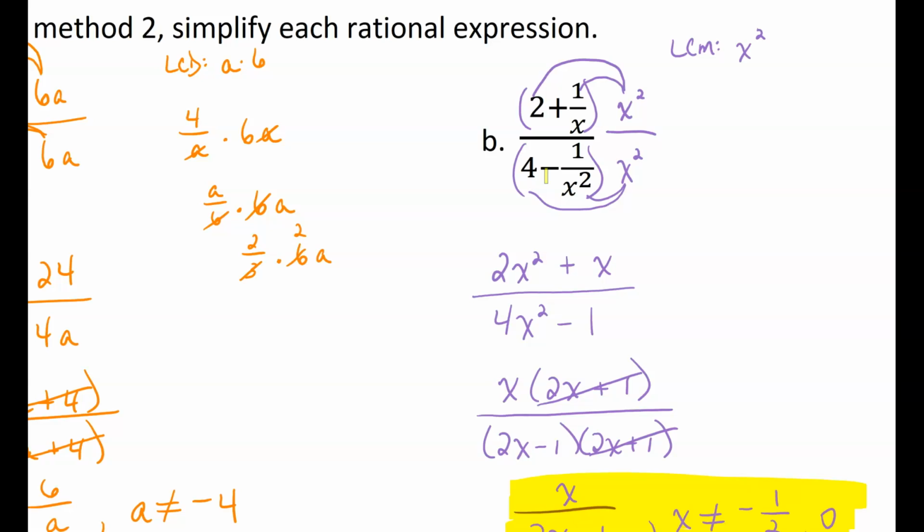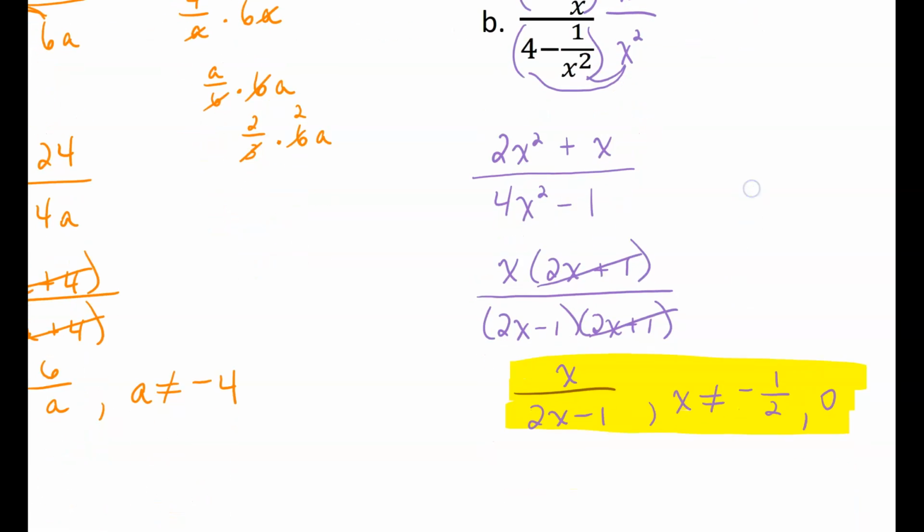So why wouldn't you just multiply the top one by x? No, you have to multiply by the least common. Because remember, this over here is x squared over x squared. That's just equal to 1. So you can't use a different term to multiply the numerator and a different one for the denominator. It has to be the exact same.